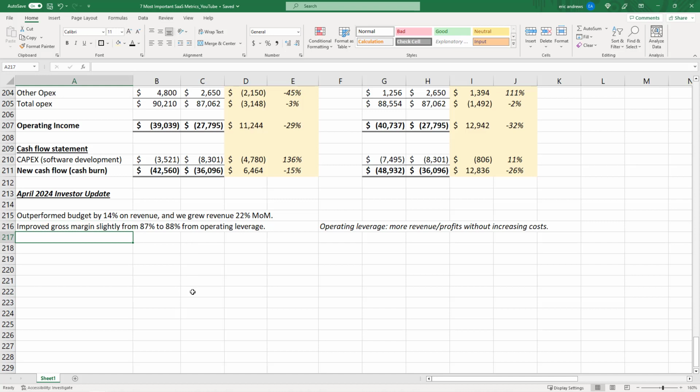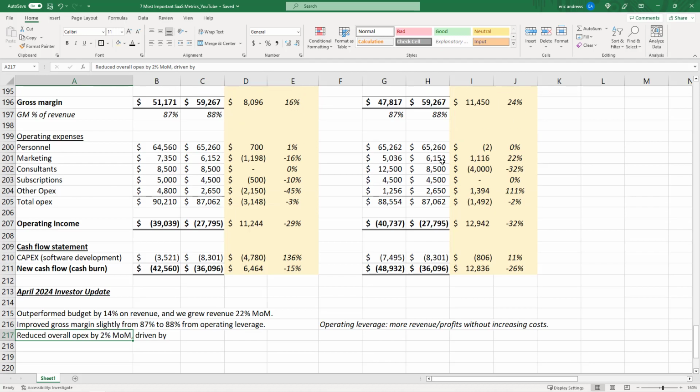Okay, what else? You have reduced overall OpEx by 2%. You can see here, month over month, driven mostly by this. So that's consultants, driven by cutting redundant consultants.